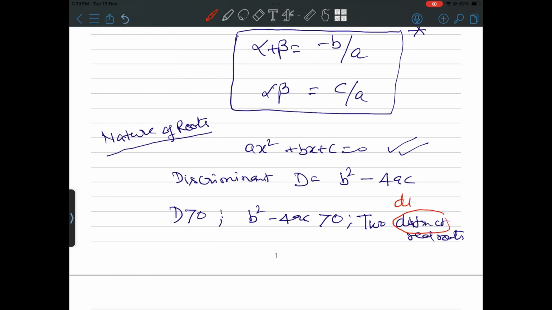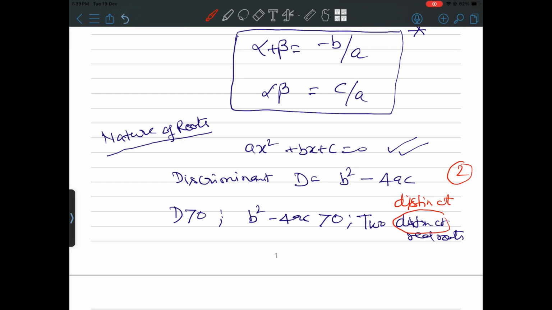It means that you will get two roots, and those two roots will be different. They cannot be the same. So whenever your discriminant, b square minus 4ac, is positive or greater than 0, remember this, you will get two distinct real roots.